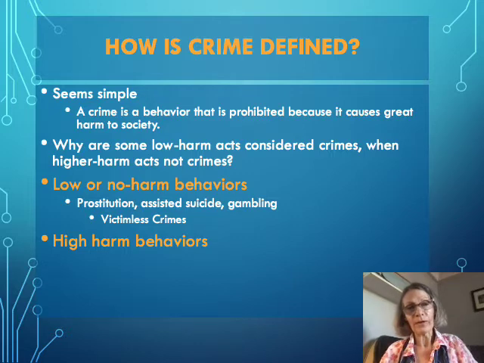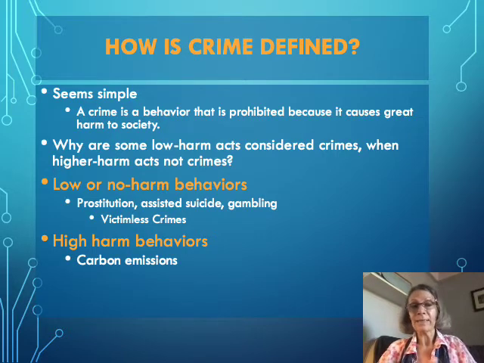On the flip side of that, you could see some high harm behaviors that are not classified as crimes. Here's two examples. You could say, excessive carbon emission is really harmful to our society, and not just to our society, but to the world, right?